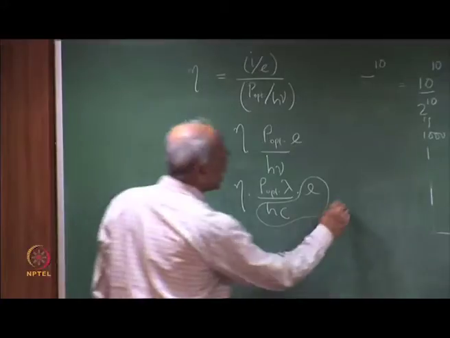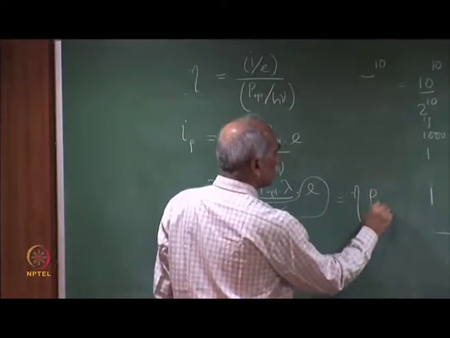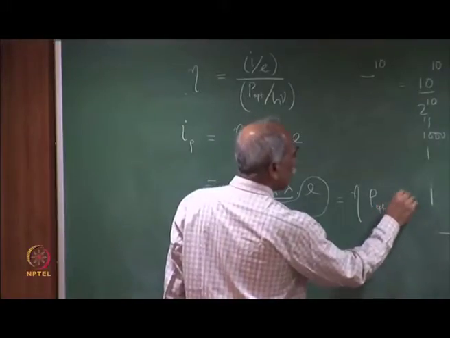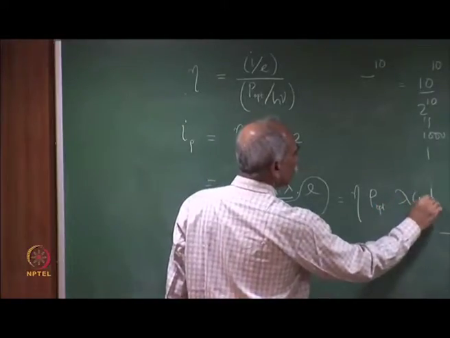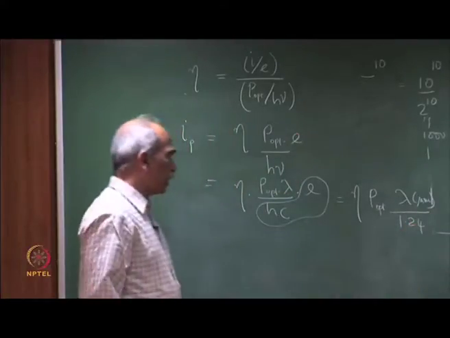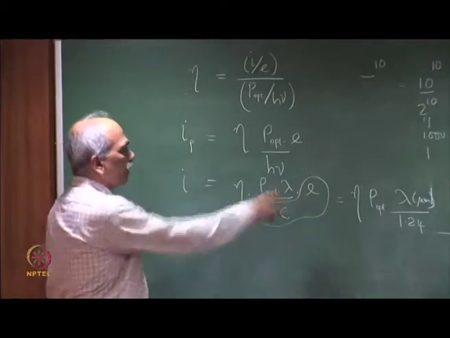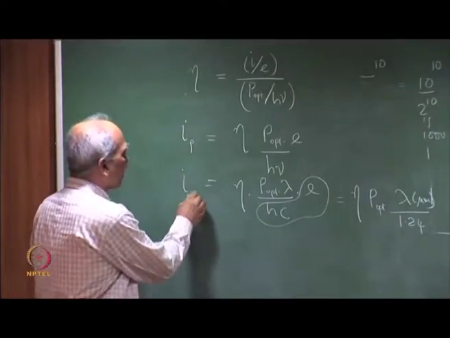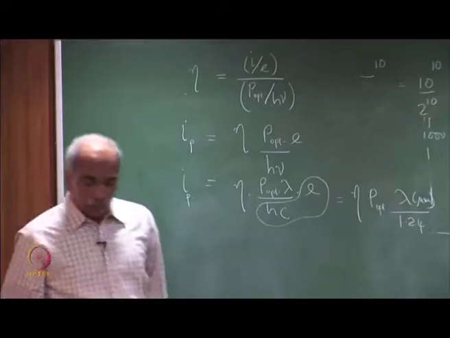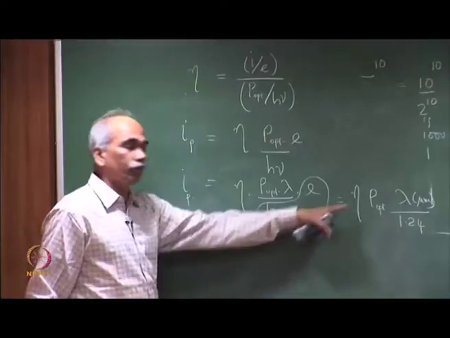So this is equal to eta into P opt into lambda in micrometers, divided by 1.24. So for an incident optical power P opt, you can find out the primary current generated by the photocathode.